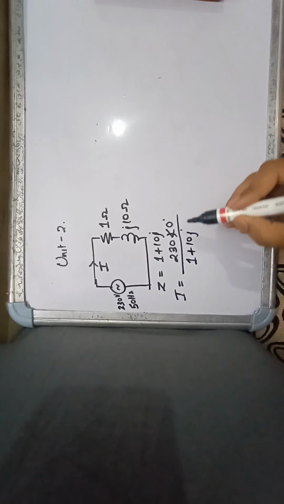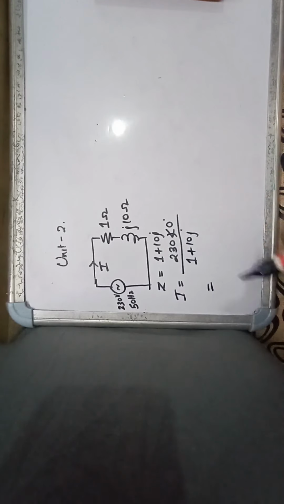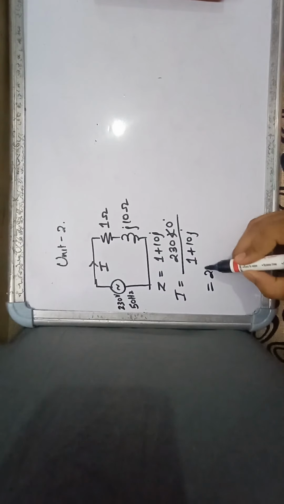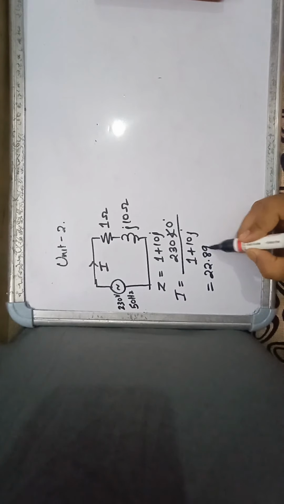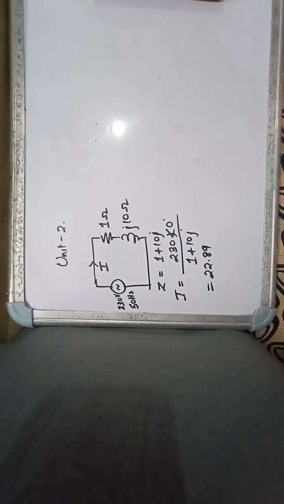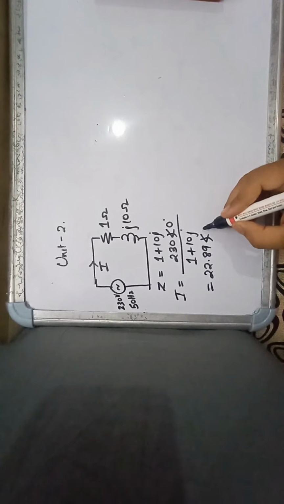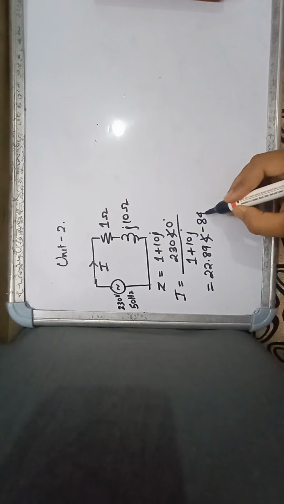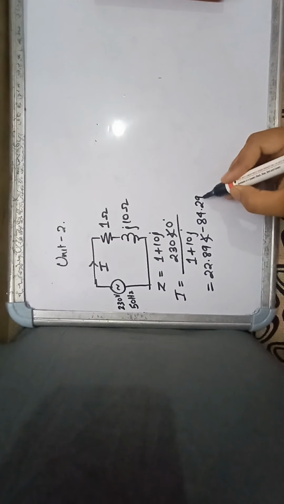If you calculate this, you will get approximately 22.89 at an angle of minus 84.29 degree.